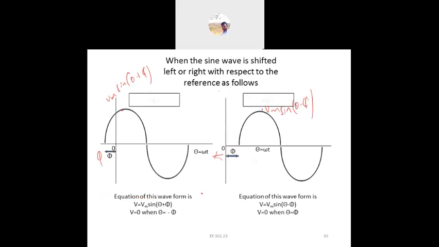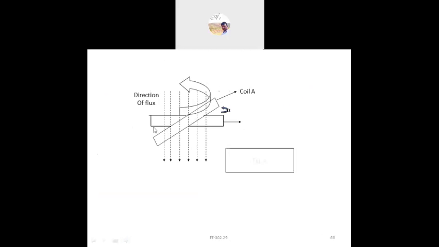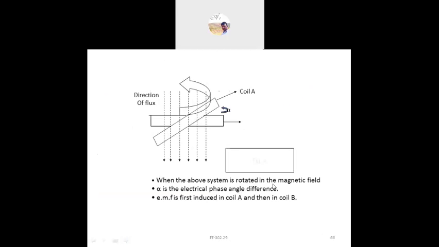Let's check the direction of flux, the direction of current, and the direction of flux in the coil. When the above system is rotated in the magnetic field, alpha is the angle between the two currents. Alpha is the electrical phase angle difference.